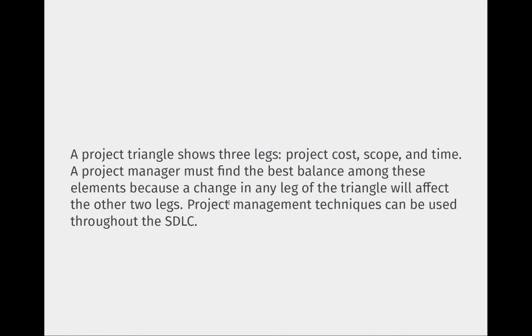And the project manager must find the best balance among these elements, because a change in any leg of the triangle will affect the other 2 legs. Project management techniques can be used throughout the SDLC. So remember that this part is very important. You can have a list. Right.